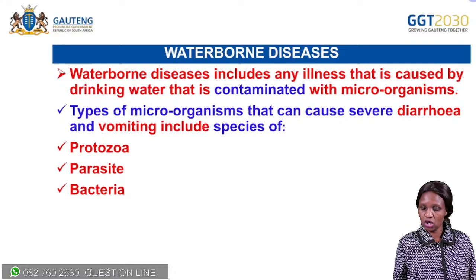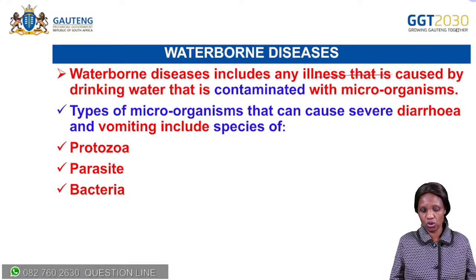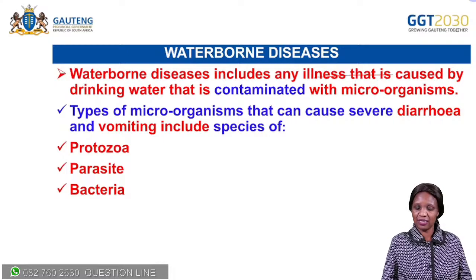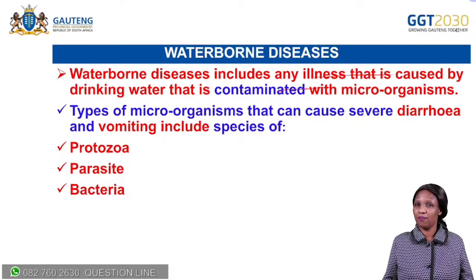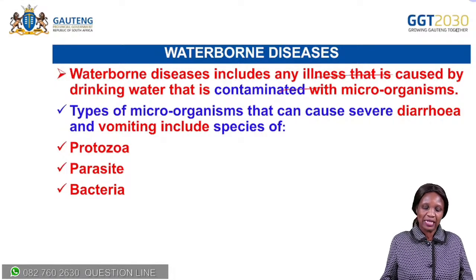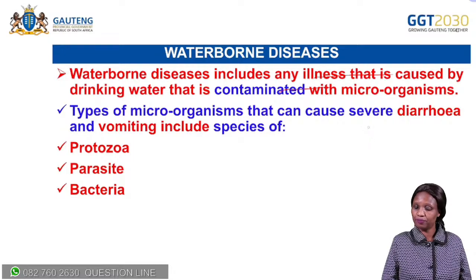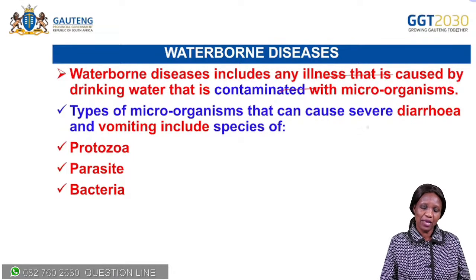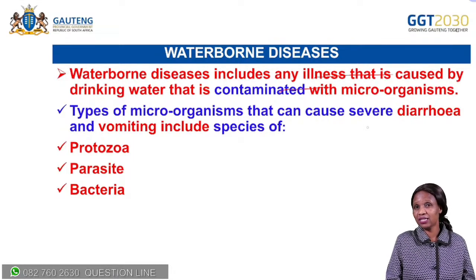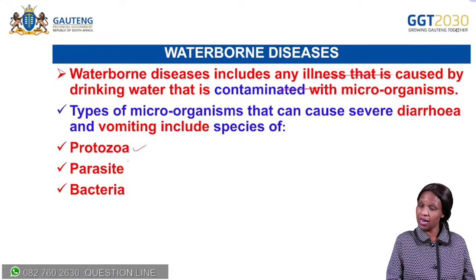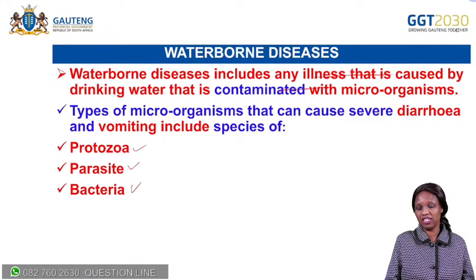Waterborne diseases include any illness that is caused by drinking water that is contaminated with microorganisms. And then we've got different types of microorganisms that cause severe diarrhea and vomiting. And these include protozoa, parasites, and bacteria.